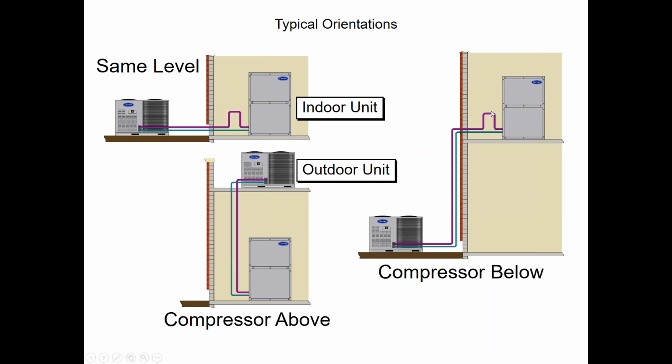And that is again for off-cycle migration. The unit shuts off, and we don't want any of the refrigerant in the suction or the coil rolling back down to the service valve or the compressor waiting for it to start. So this is the only trap that you're going to have when the compressor or condensing unit is below: an inverted trap at the coil. And this applies all the way down to the residential equipment.